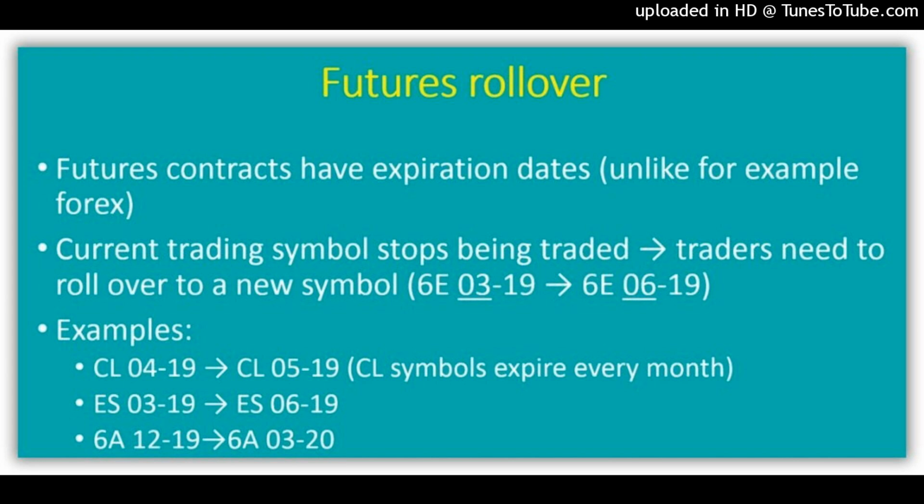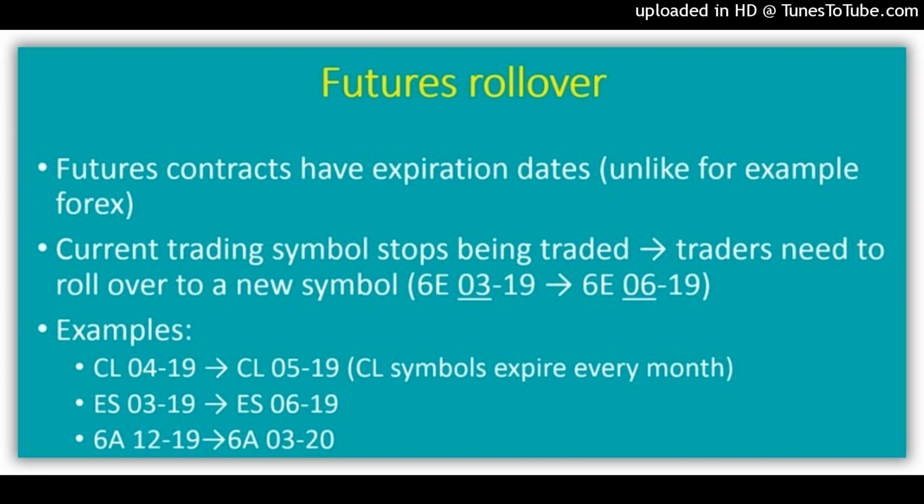All futures contracts have expiration dates, unlike, for example, the Forex market. What this means is that the current trading symbol, the current trading instrument that you are trading, stops being traded and traders need to roll over to a new instrument, to a new symbol.